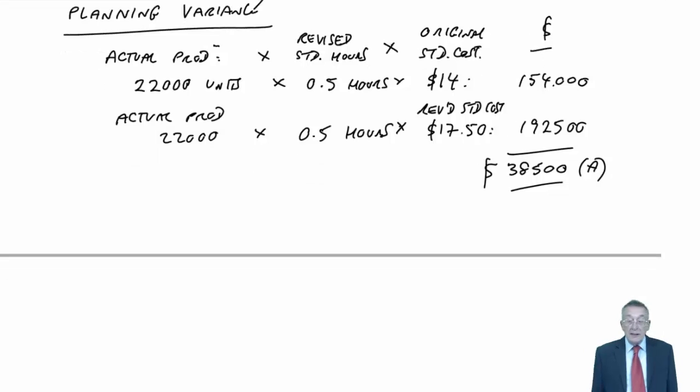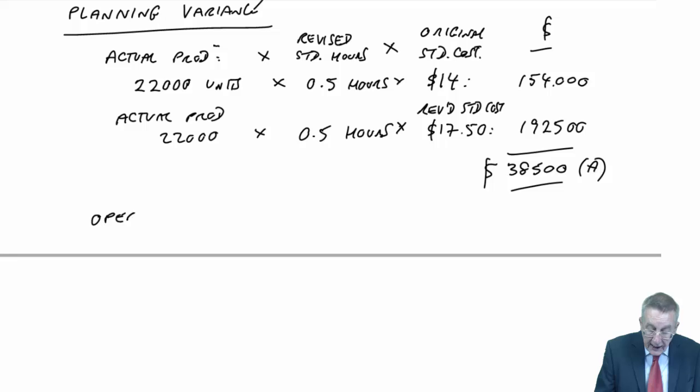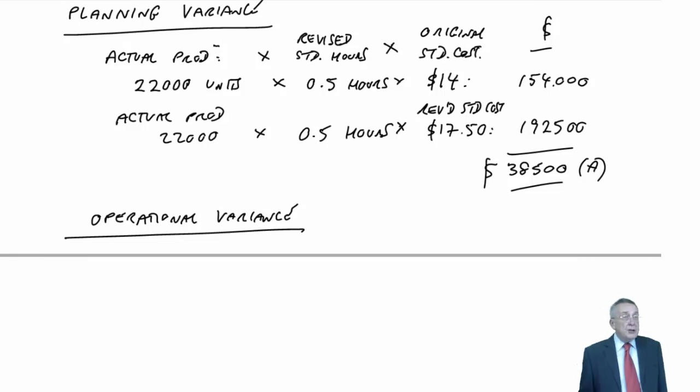Much more importantly to us is to look at how our managers performed, the operational variance. And for the operational variance, we now calculate it exactly the same way as we do with basic variances, except there's no point, I think, clearly in comparing the actual cost to our original standard cost.